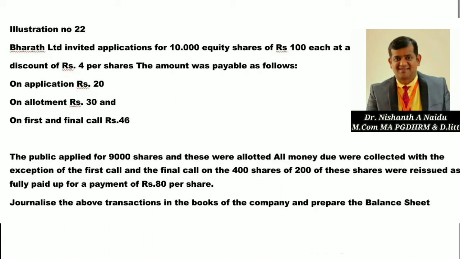So that is the detail on reissue and forfeiture entry. Journalize the above transaction in the books of the company and prepare the balance sheet. Let us look into the solution now so that you understand more clearly the issue of shares at a discount.